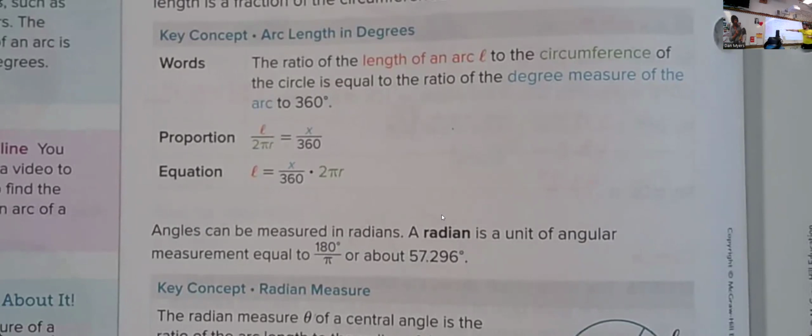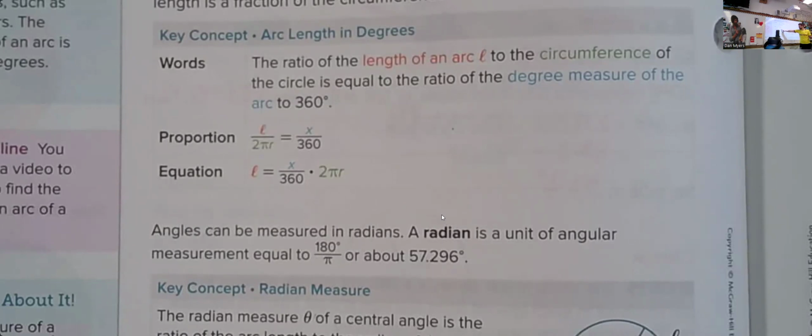So this right here gives you a percentage of 360. If this is 90, 90 is 1/4 of 360, which would be 0.25 or 25% of the distance around the circle. If it's 36 degrees, 36 would be 1/10, which would be 10% of the way around. So you're basically getting a percentage from this number, and then you multiply it by the distance around.